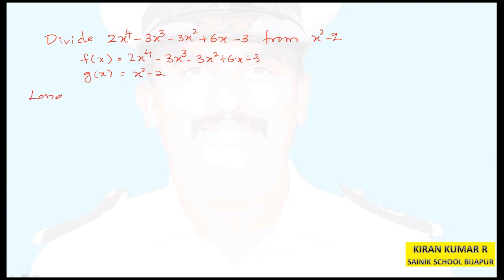Remember, we have to use this long division method. x square minus 2 is the divisor. I have to divide 2x to the power 4 minus 3x cubed minus 3x square plus 6x minus 3. I have to divide this.